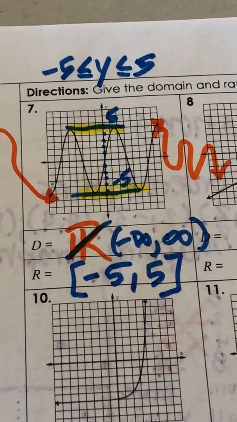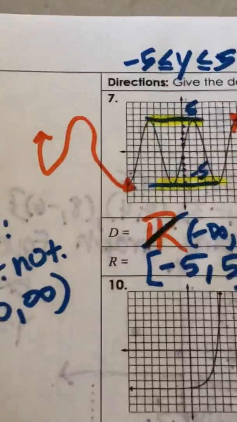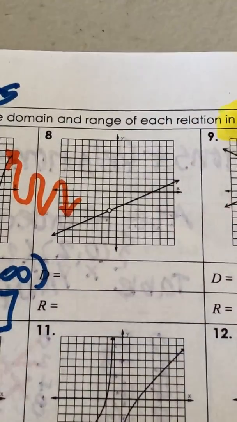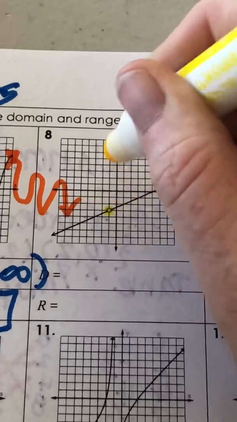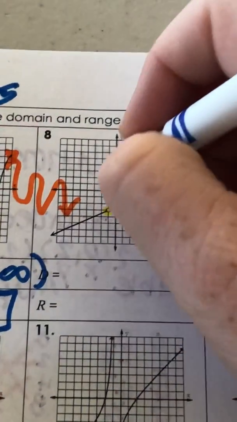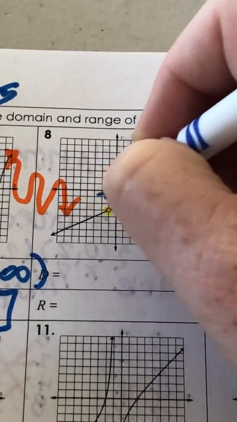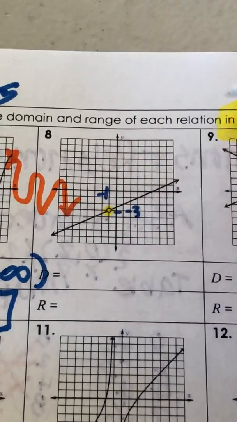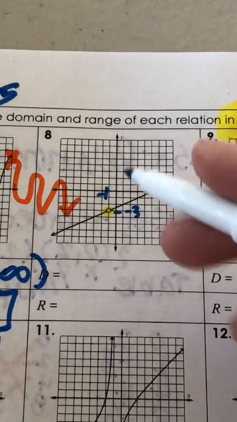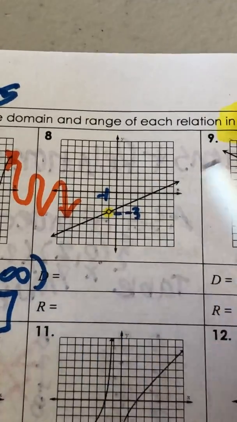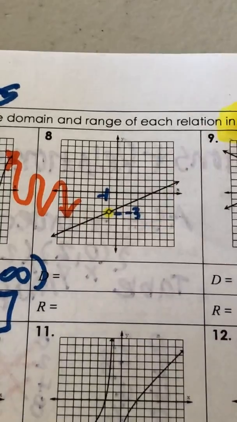All right, let's look at 8. It's domain. So if you look very closely, there is a hole at -1 on the x, and at -3 on the y. Basically, like we did before, see how the arrows go on forever and the line goes all the way left and right forever, also all the way up and down forever?